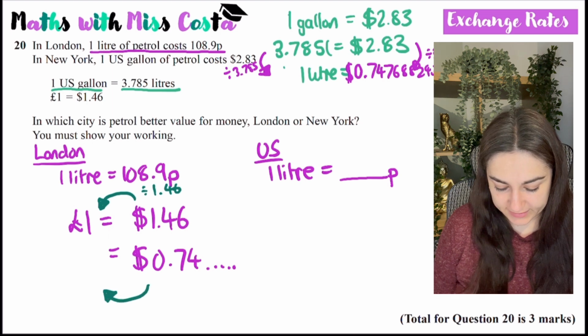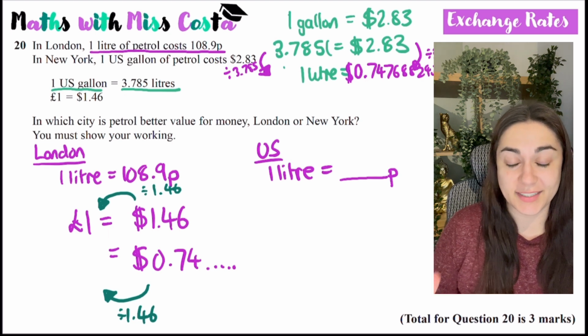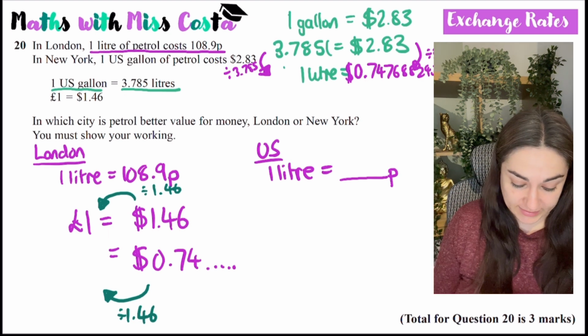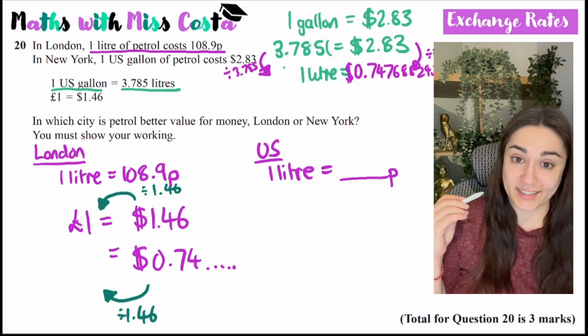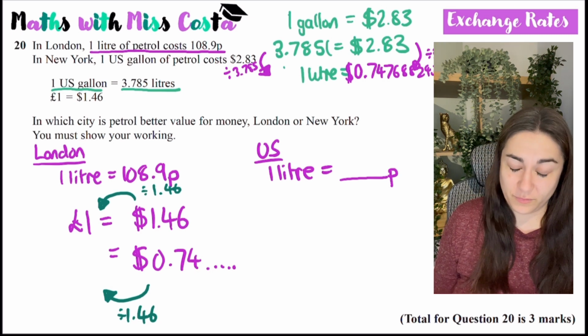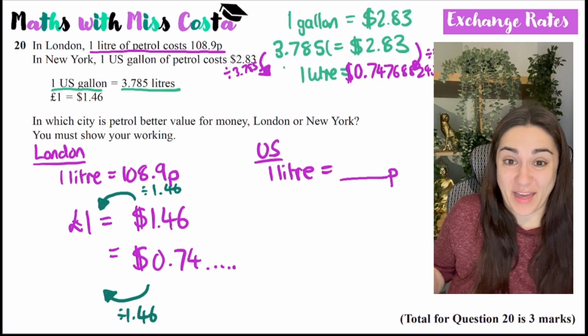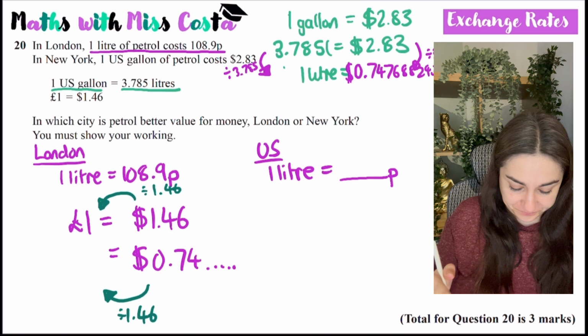Again, the real good thing is when you're doing conversions, list the facts that you know. So you know £1 is $1.46, and use the arrow to just think, okay, how to get from 1.46 to 1? I divide by 1.46. You're always going to divide by that thing to get to the 1 unit.